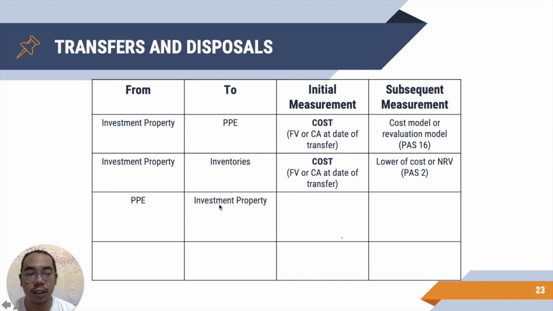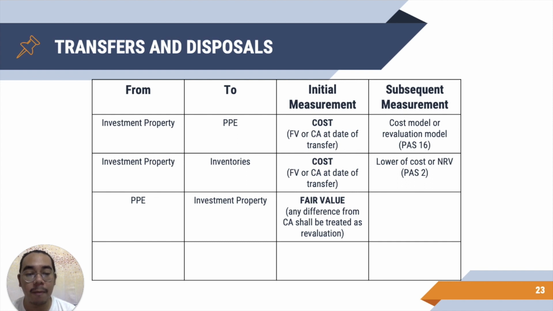How do you initially measure it? Initially, you measure it at fair value. Any difference from the carrying amount, kasi di ba PPE siya, so whatever is the carrying amount, the difference from fair value shall be treated as revaluation. Ibig sabihin, kapag mas mataas yung fair value or meron kang ika-credit, then i-credit mo yon sa revaluation surplus.